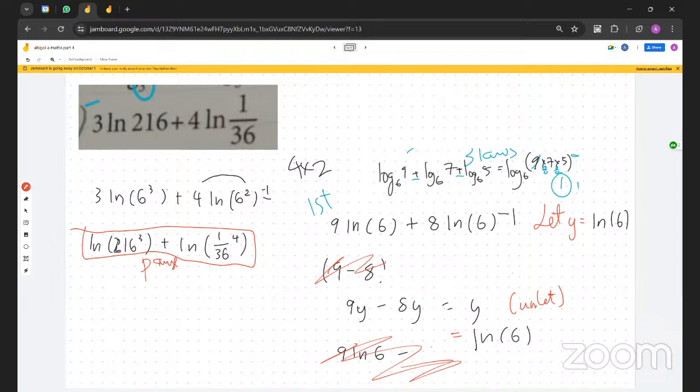Now, I need to show you the second method because it will also be useful in other questions. First method, clear first, however. Are you happy with your original method? Your original method makes use of the 6 cubed and the 6 squared. Congratulations, it turns out to be useful.